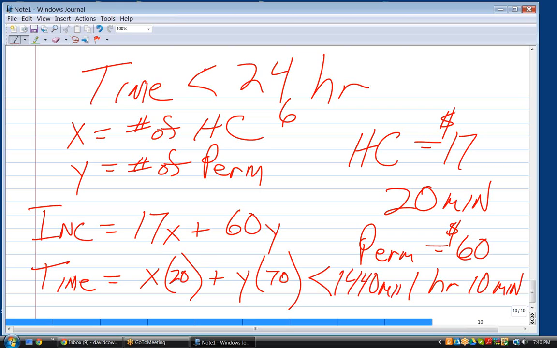Okay, so there is one equation: time has to be less than 1,440 minutes. The income is 17x plus 60y, and you want to maximize that.